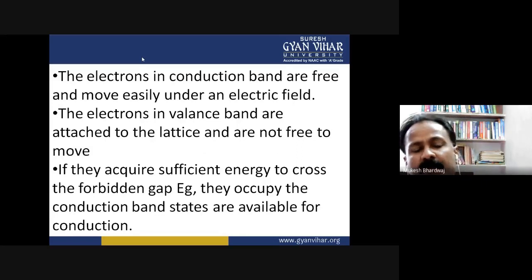So a minimum amount of energy is needed, and if that amount of energy is gained by an electron which is externally provided, then and only then does conduction of electrons take place. Prior to that, they remain in their own position. They are not going to participate without acquiring the energy.